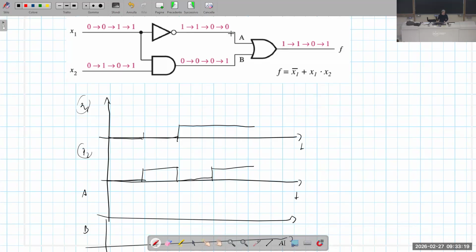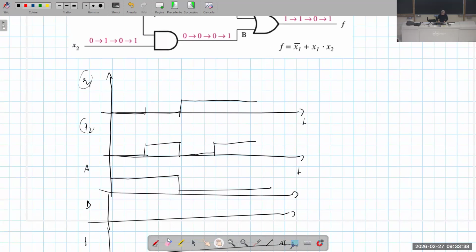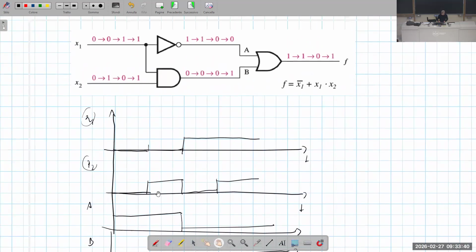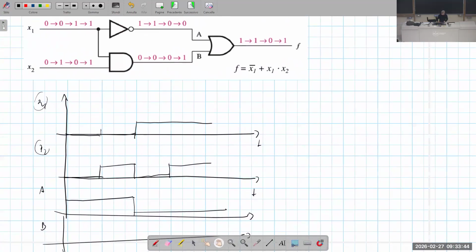Well, A is not x1, so when x1 is 0, A is 1. When x1 goes to 1, A goes to 0. For what concerns B, B is x1 and x2.